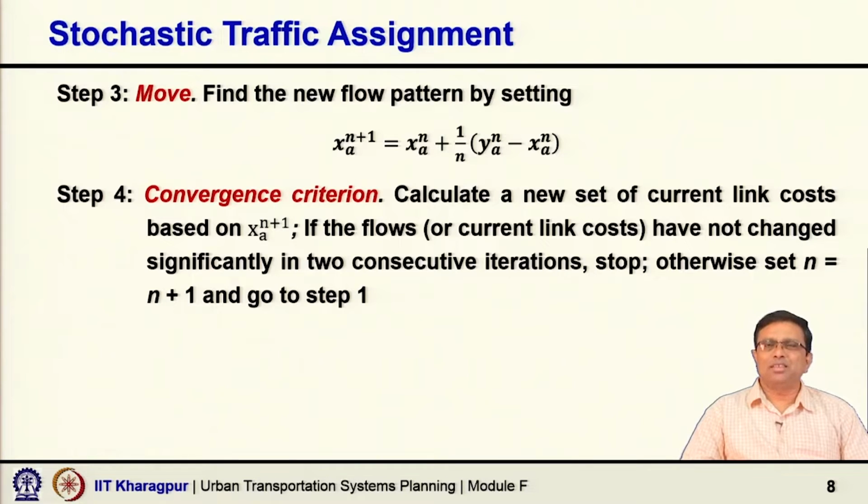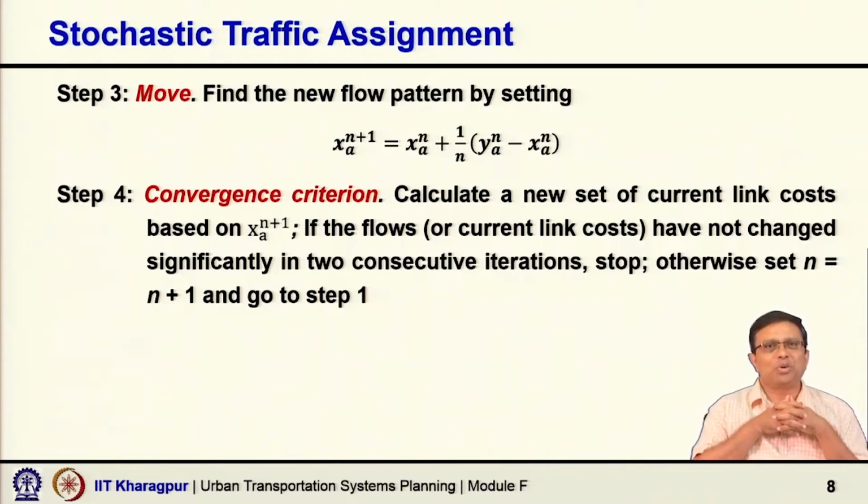What is x_a^n? x_a^n is the previous flow, and y_a^n is what? y_a^n is the auxiliary flow, what you have got in the nth iteration. So, accordingly we update the link flows for the (n+1)th iteration.